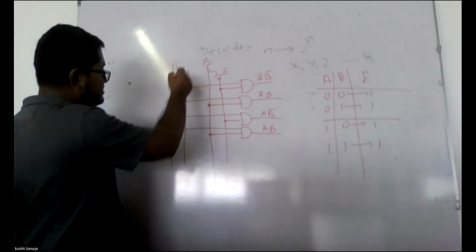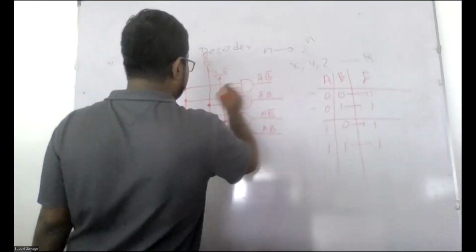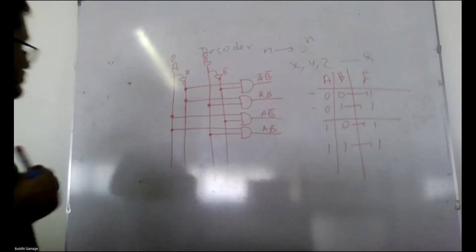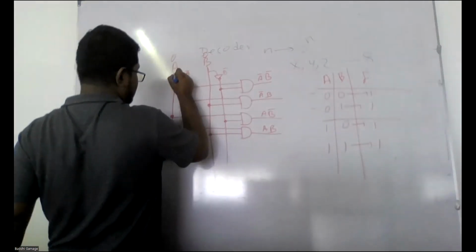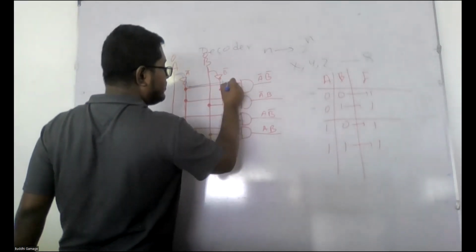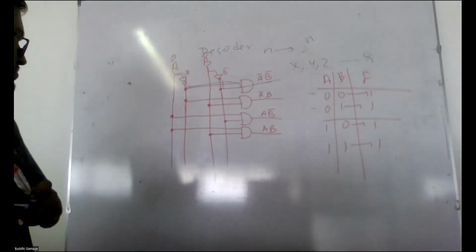And if A is 0 and B is 0, this line will active. Right?